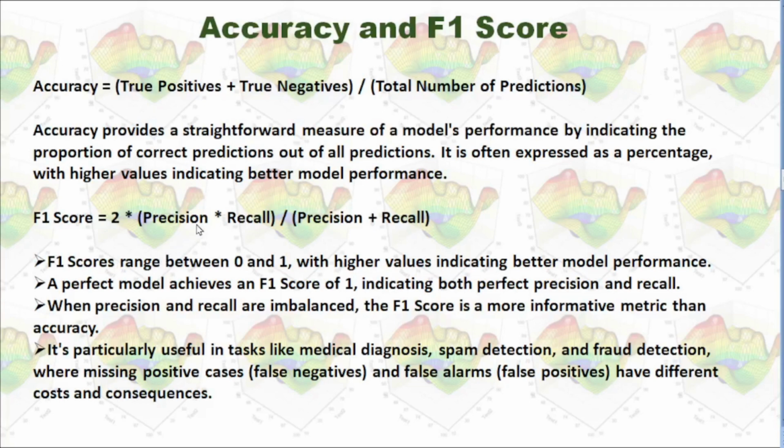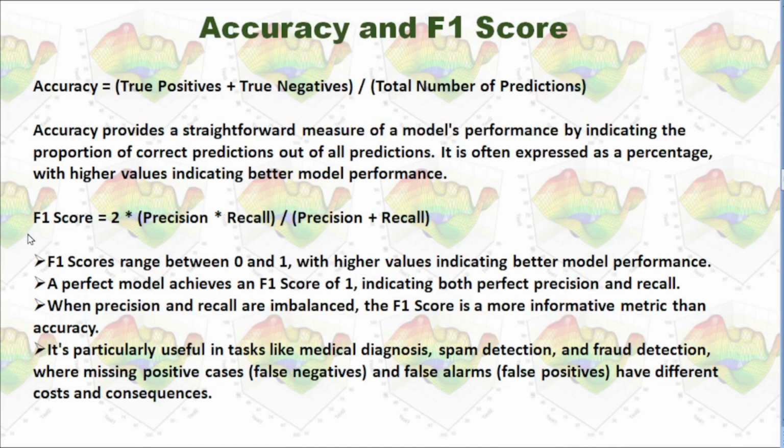Accuracy provides a straightforward measure of a model's performance by indicating the proportion of correct predictions out of all predictions. It is often expressed as a percentage, with higher values indicating better model performance.